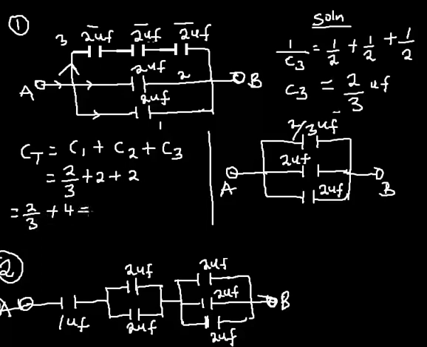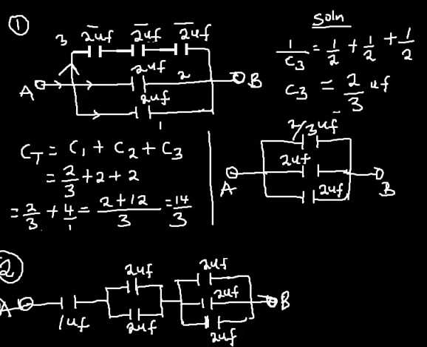Resolving using LCM of 3: 3 divided by 3 is 1, 1 times 2 is 2; 3 divided by 1 is 3, 3 times 4 is 12. So everything becomes 14 over 3.